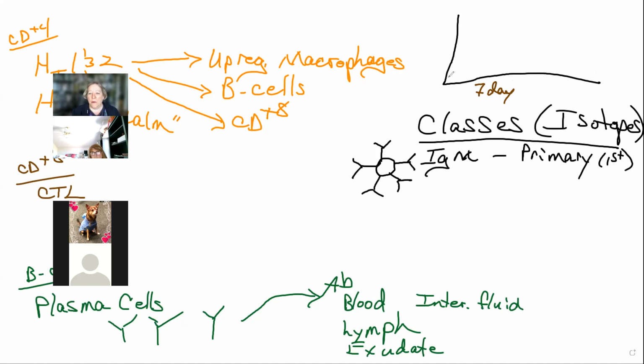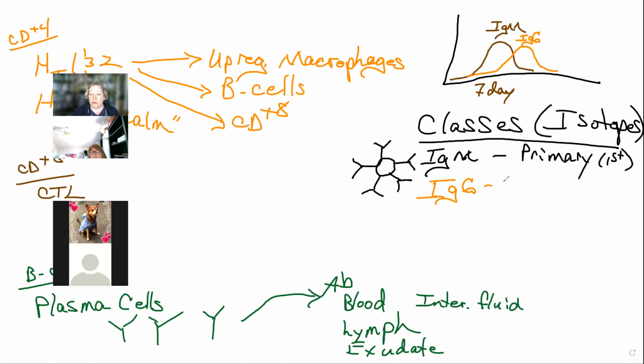We're going to see a lot of IgM. And then later on, we're going to see our next one, which is IgG. Now when I take a blood sample, generally speaking, I'm going to see more IgG than anything else.